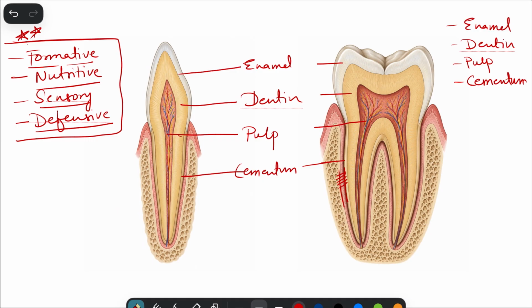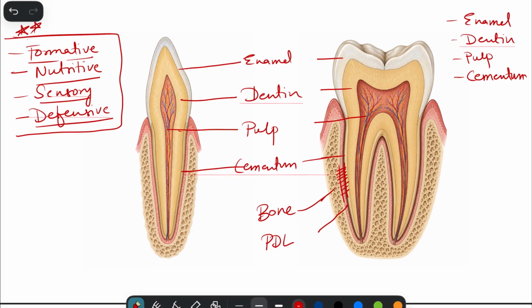Then we have our alveolar bone here, and the periodontal ligament in between the bone and the cementum. Now, this was everything about the internal anatomy of the tooth.